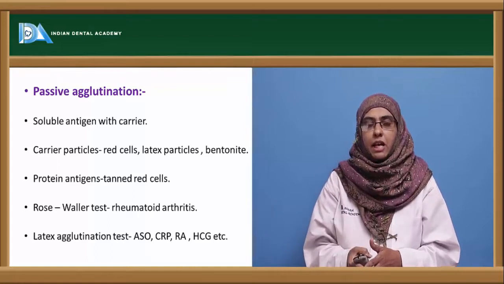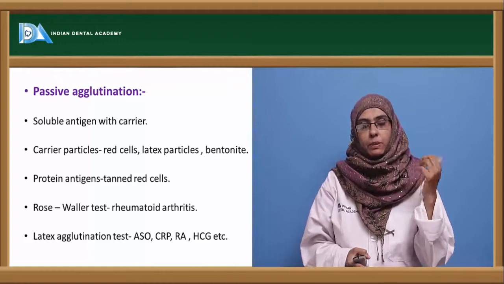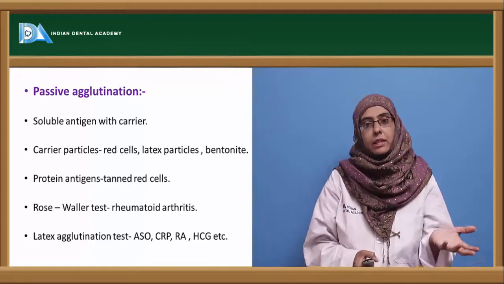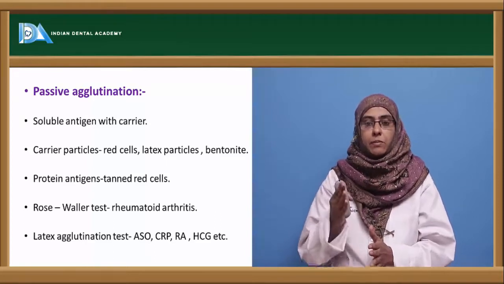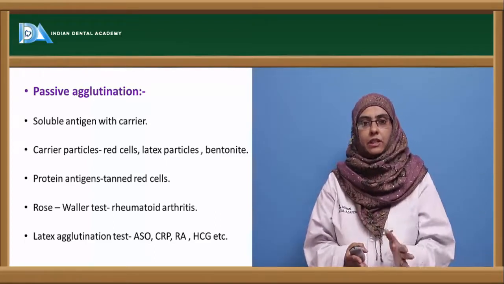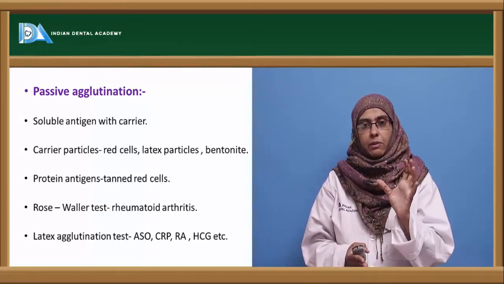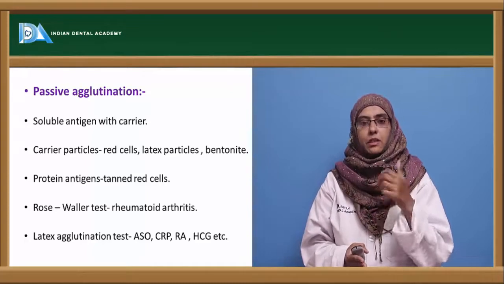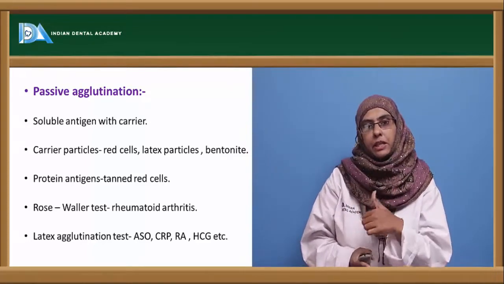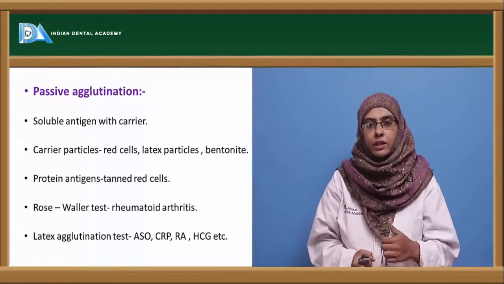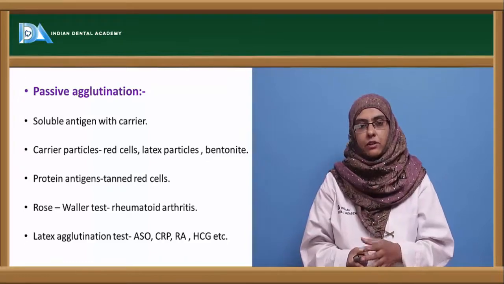So the disadvantage of the precipitation reaction, which cannot detect antibodies, can be converted to an advantage by mixing the soluble antigen with a carrier molecule, such as RBCs, latex particles or bentonite, to change it into a particulate antigen. Now these particulate antigens can be used in the detection of antibodies that are involved in the agglutination reaction.